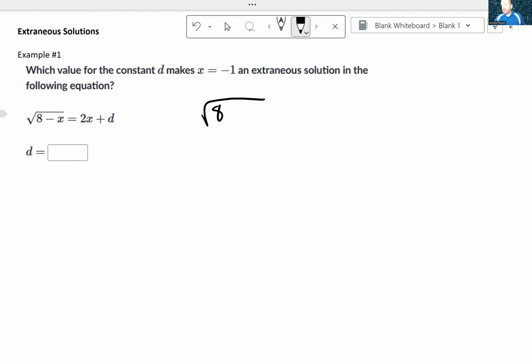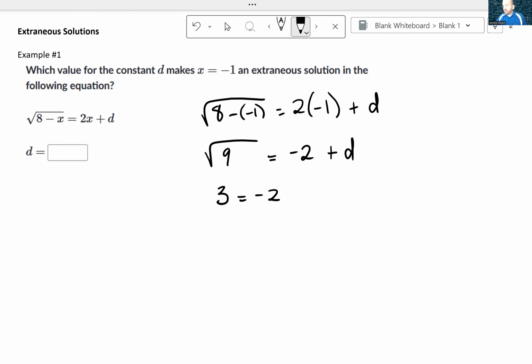We get the square root of 8 minus -1 equals 2 times -1 plus D. The square root of 9 is equal to -2 plus D. 3 equals -2 plus D. Plus 2 on both sides, and D equals 5. So if D equals 5, x equals -1 is not an extraneous solution.